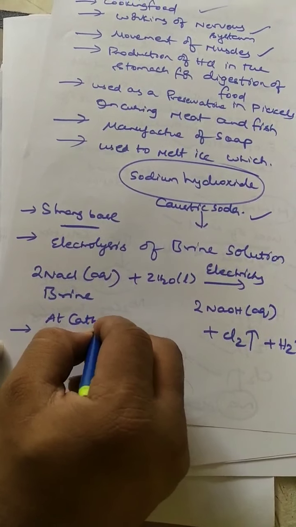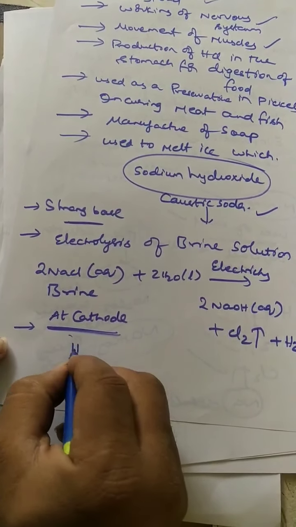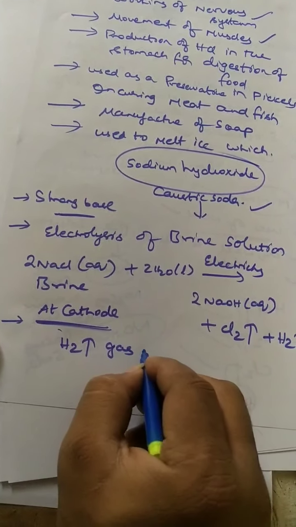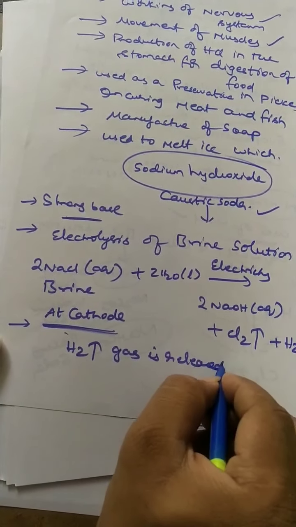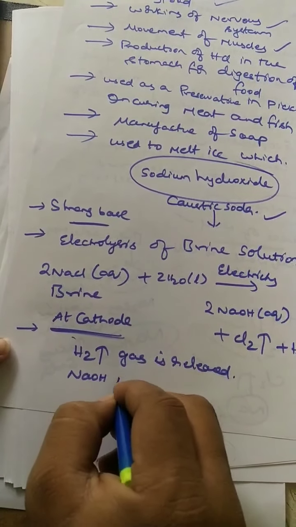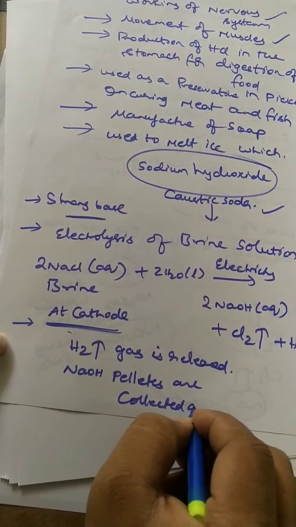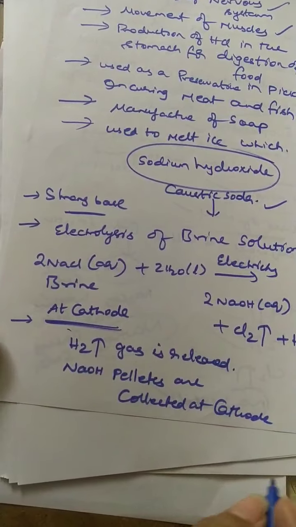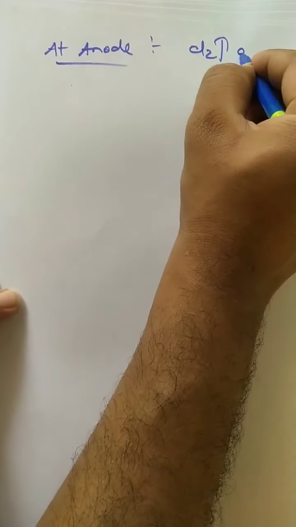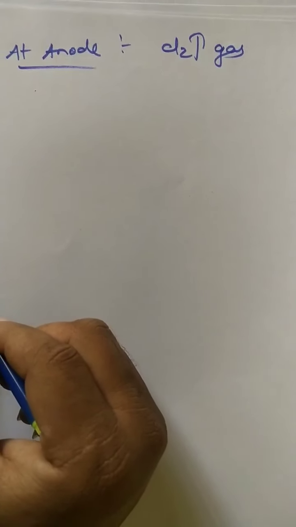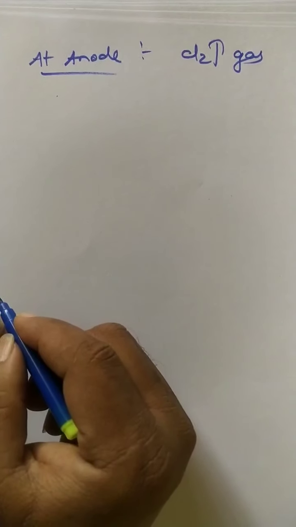At the cathode, which gas is released? Hydrogen gas is released at the cathode. And sodium hydroxide pellets are collected at the cathode during electrolysis. At the anode, which gas is collected? Chlorine gas. Remember the key points: during the electrolysis of brine solution, hydrogen gas is liberated at the cathode, and chlorine gas is liberated at the anode. That is the important point.